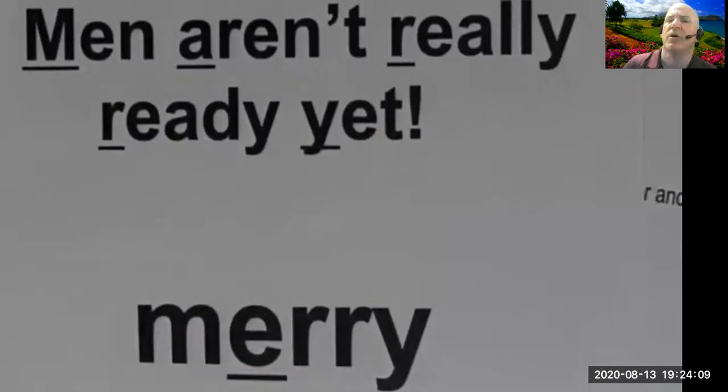So listen to me say this sentence with the words, and then you try to figure out which one you're going to write as you write the sentence, and then you can draw a picture of what that might look like. I was merry until I had to marry Mary. Let me do that again so you can see my hand gestures and facial expressions.